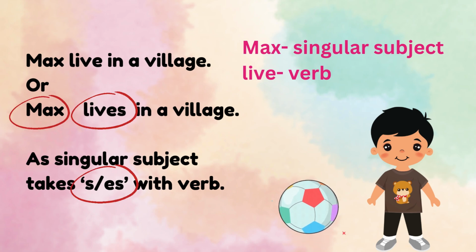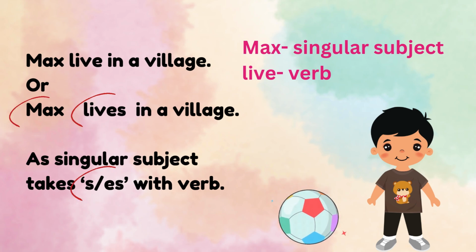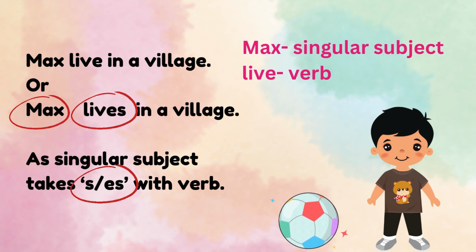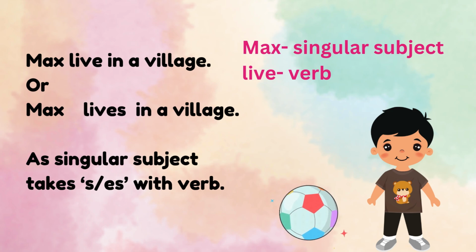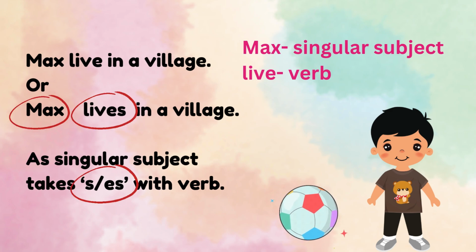As Max is a singular subject, we have added S to the verb. Live is the verb, that is the first form of the verb, and to that we have added S. So that brings you to the first rule of simple present tense: a singular subject takes S or ES with the verb.